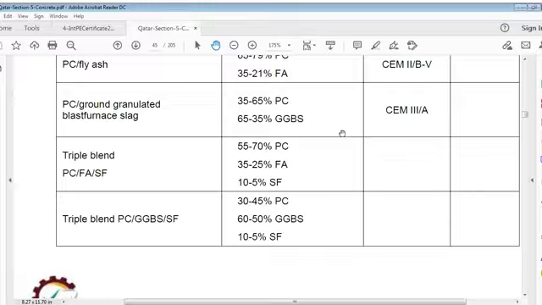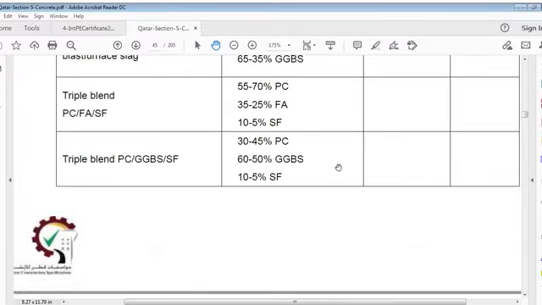Triple blend, that is PC, GGBS and SF. The previous case was a triple blend using SF, PC and fly ash. In this case, we are going to replace fly ash by GGBS. So 30 to 45% Portland cement, 60 to 50% GGBS, and 10 to 5% silica fume or micro silica. 30 plus 60 plus 10 is 100, and 45, 50 and 5 are 100.